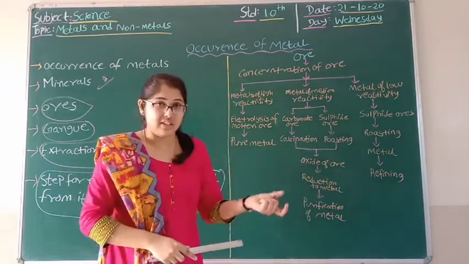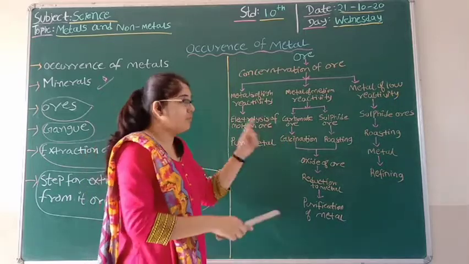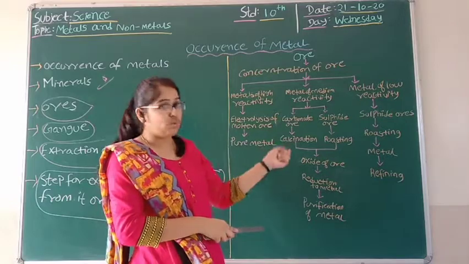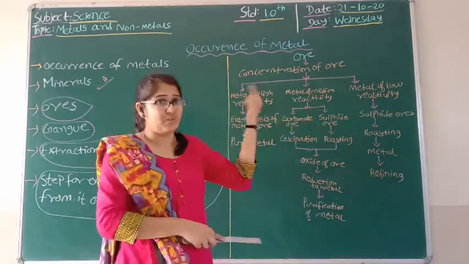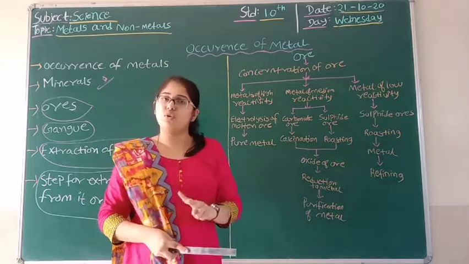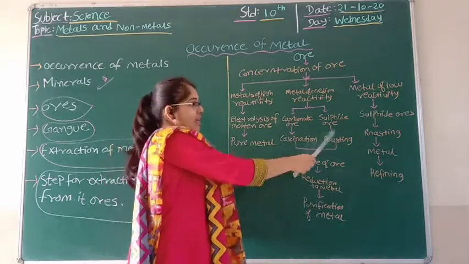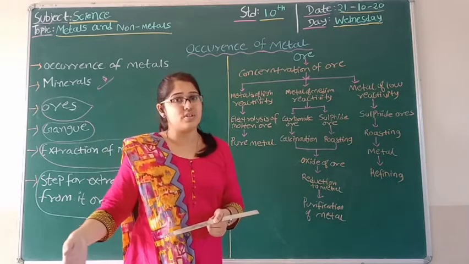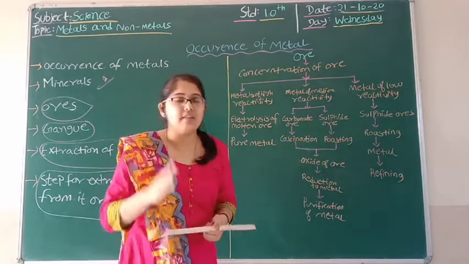To obtain metals from the carbonate form, we will follow the process of calcination, and the ore which is present in sulfide form in nature will follow the roasting process. So we will follow two processes, calcination and roasting. What is the calcination process? What is the roasting process? That we will see in detail in the very next video.